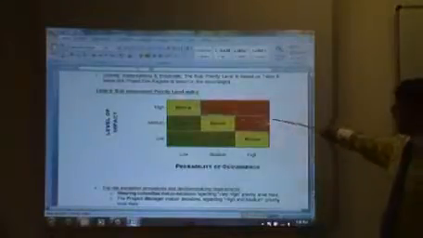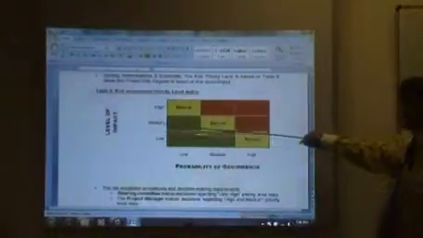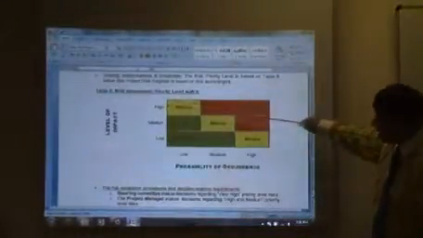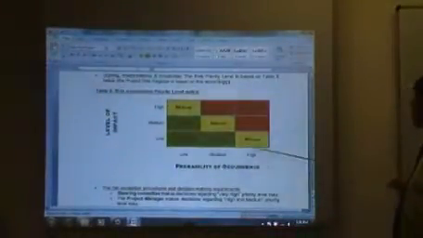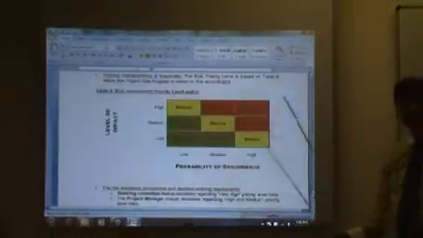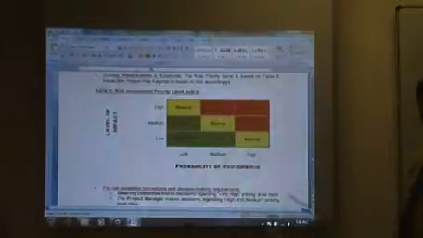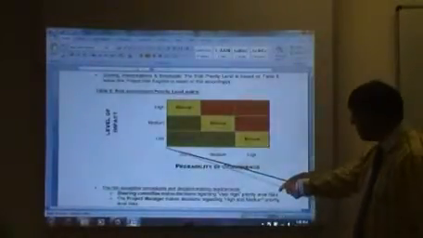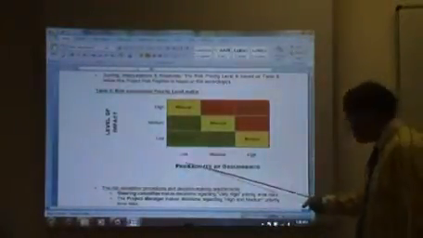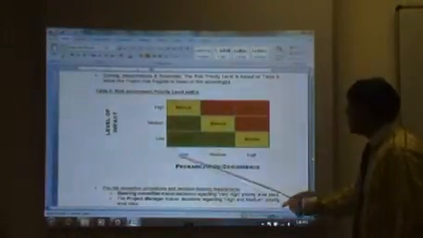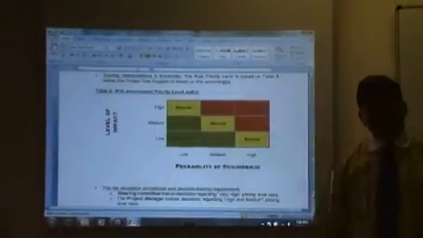Meaning, if the level of impact is high and the probability of occurrence is high, then it means the nature of your risk is very high, and that falls in the red area. If you have a low level of impact and a low probability of occurrence, you have a very low risk at hand. Thank you.